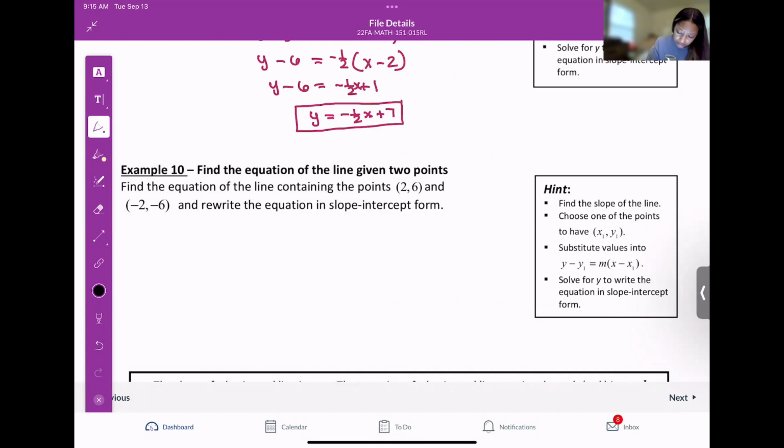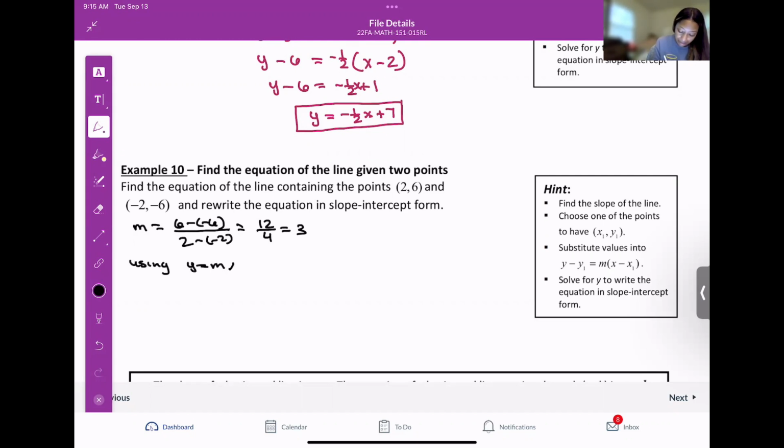We have (2, 6) and (-2, -6). So m equals 6 minus -6 over 2 minus -2. That's 12 over 4, which is 3. The slope is 3.